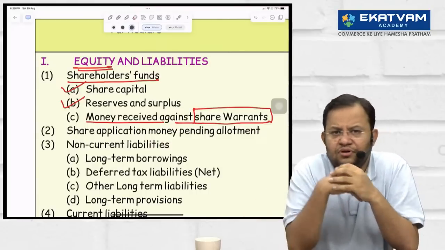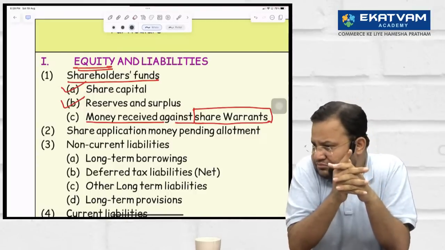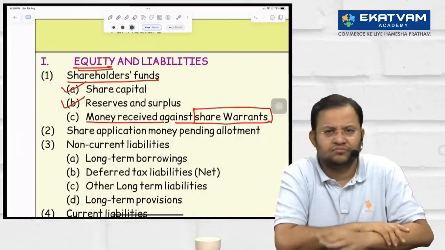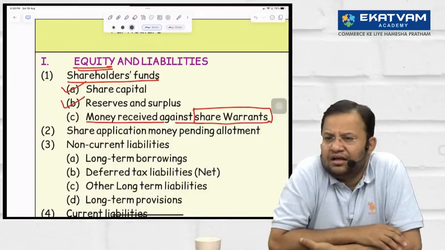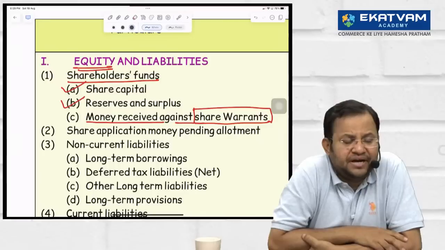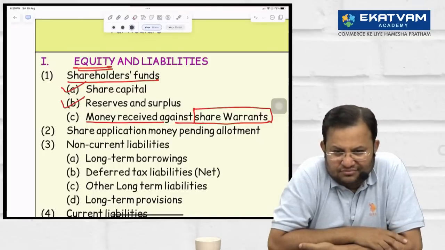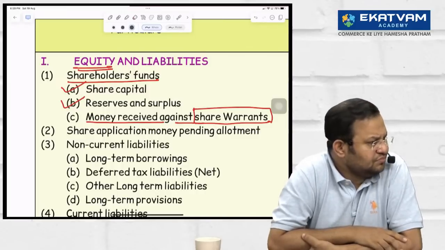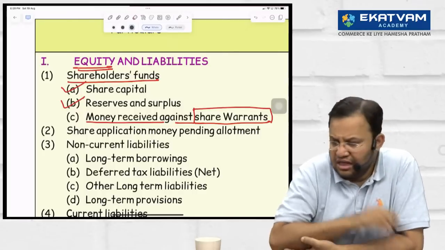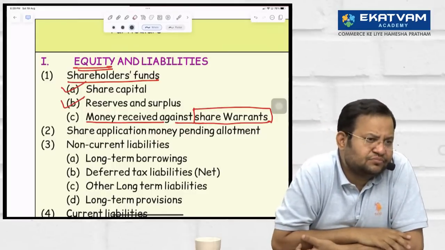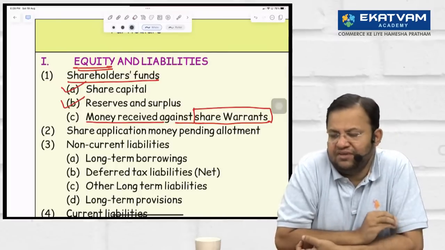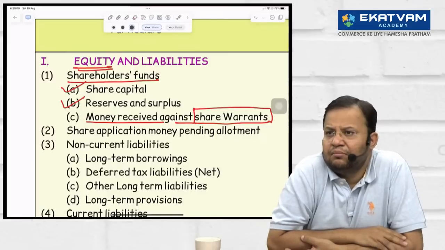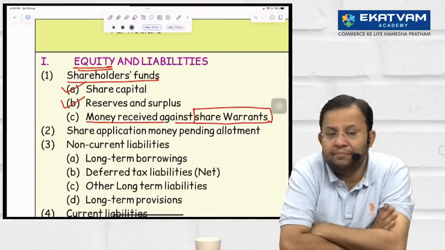It is an option given to promoters generally to buy shares of a company in future at a predetermined price, by taking some money from them today.